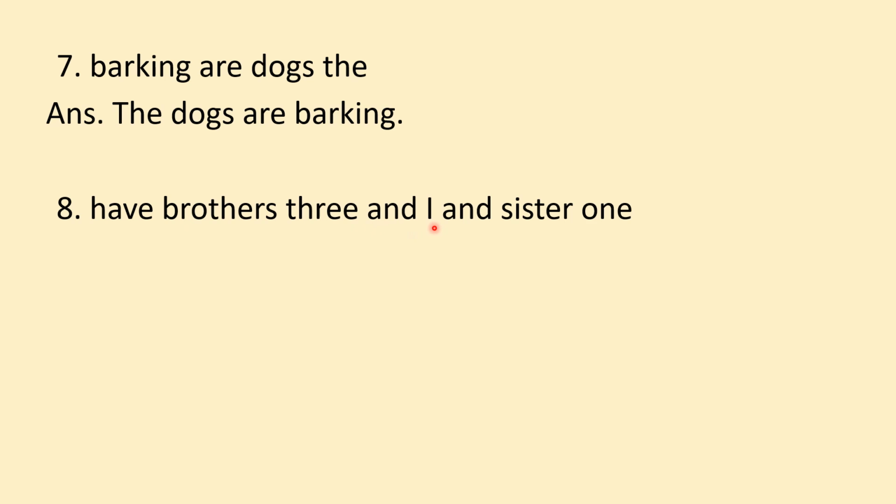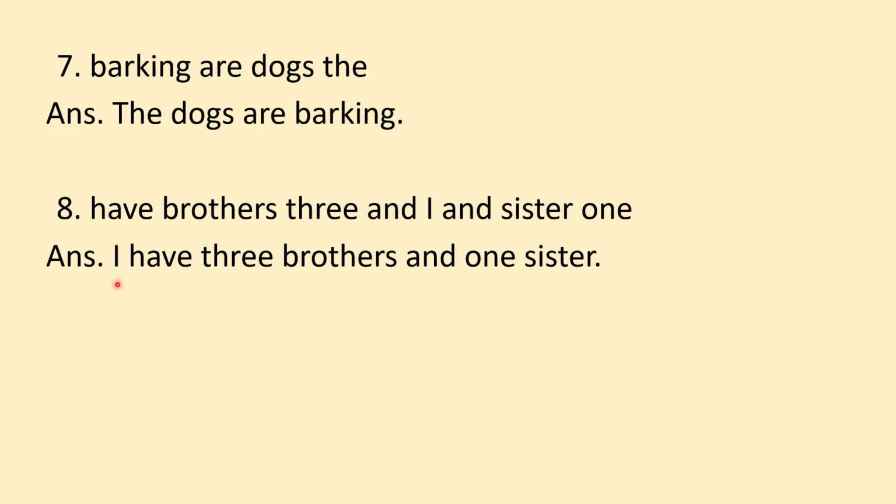So you write, I have 3 brothers and 1 sister. How will you begin your sentence? With a capital letter and you end with a full stop. There you go. I have 3 brothers and 1 sister.